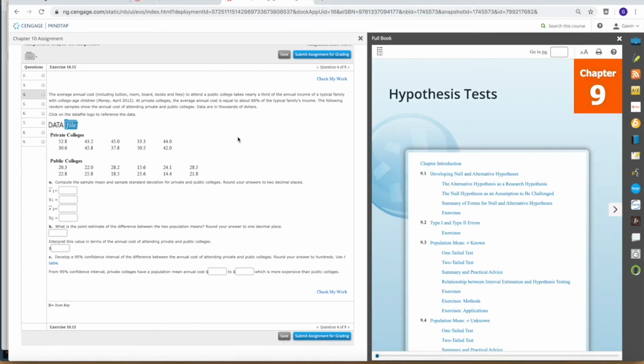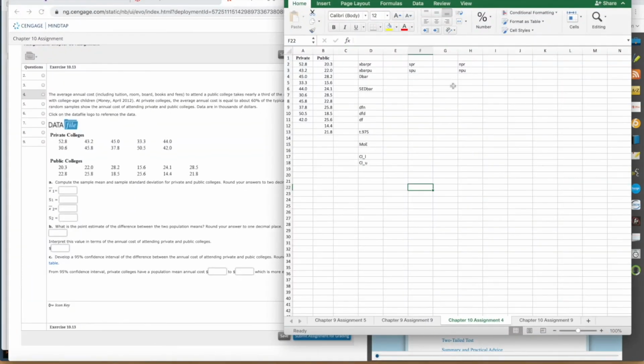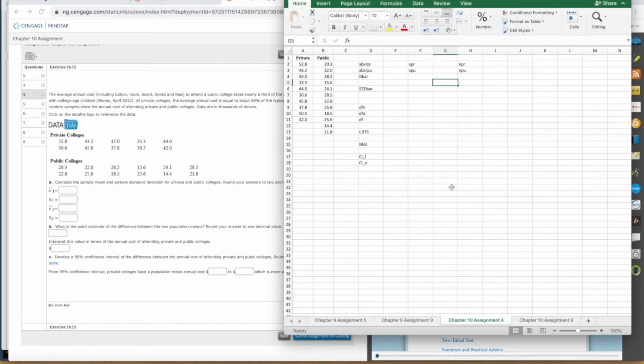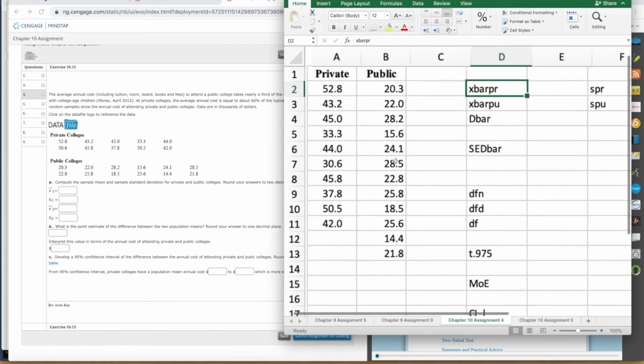Okay. So first it asks us to give the averages and the standard deviations for these two different samples. So X bar 1 is private and X bar 2 is public, which is not super obvious, but I just figured it out. They say private first and public second, so that ended up being the right way to do it. So I've labeled my spreadsheet here. Here's my data.